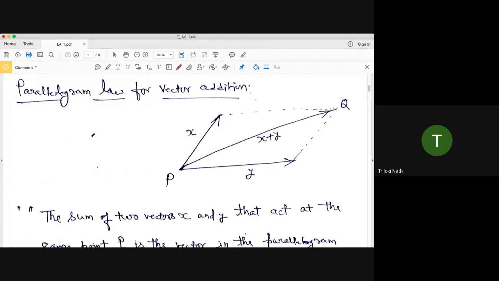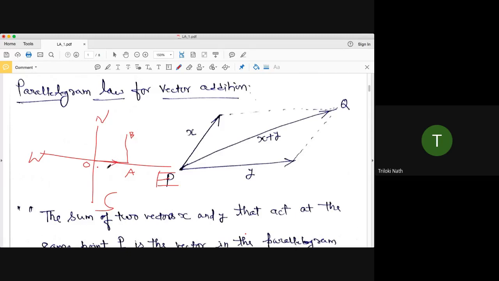For example, suppose you go first 5 km here, then 5 km up. Suppose this is north, this is east, and this is south and this is west. So you go from the origin to the point A, 5 km. And then again you go to the point B in the north, 5 km again.